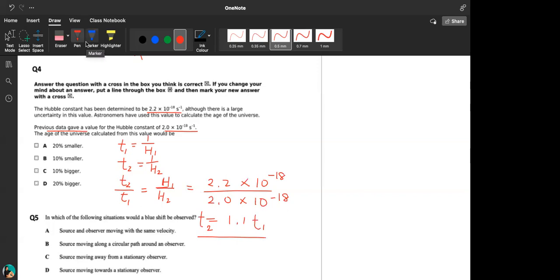It's 10% bigger. T2 is the new one, the new Hubble constant. Okay, 10% bigger.